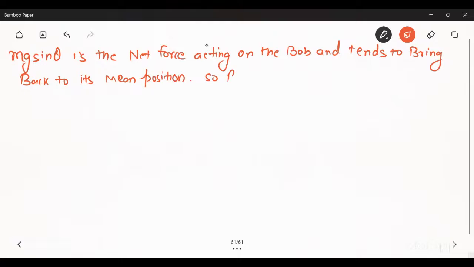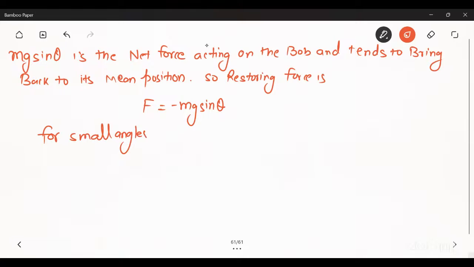So the restoring force F is equal to minus mg sin theta, because the force is opposite to the displacement, that's why I am taking the negative sign. And for small angles, sin theta is equal to theta. Now theta is equal to length of arc upon radius.